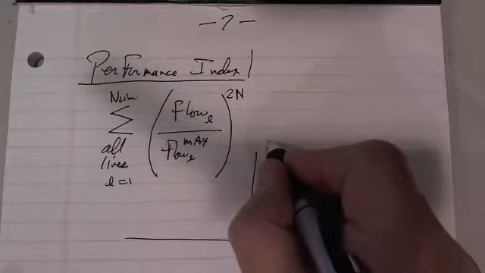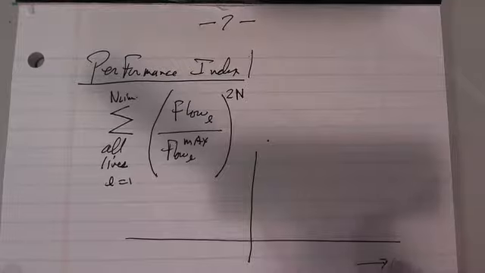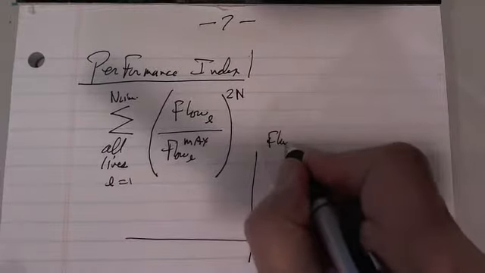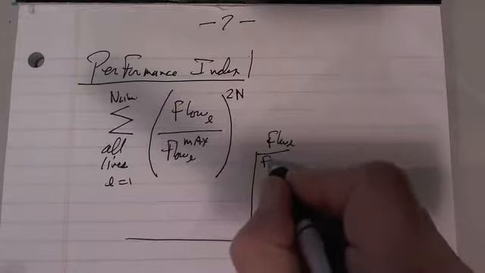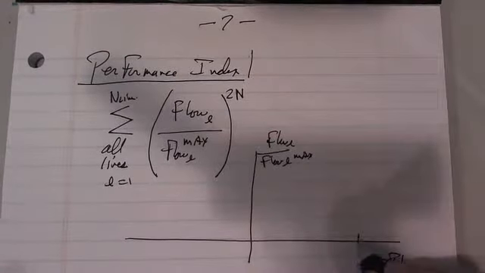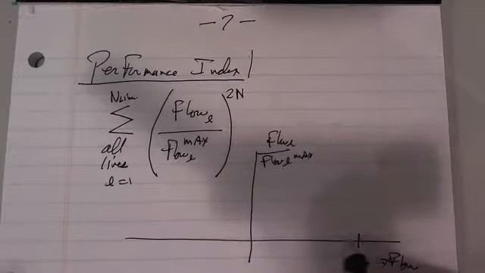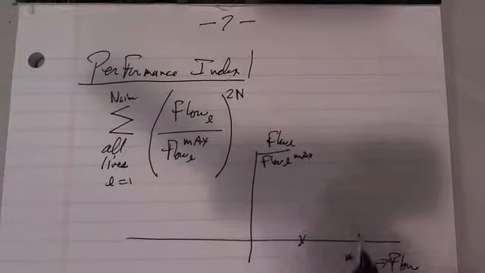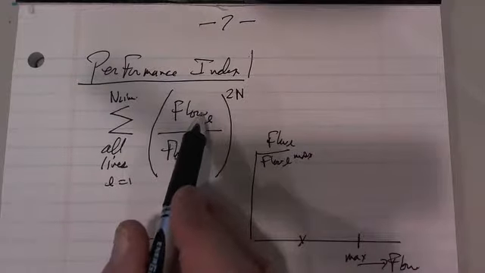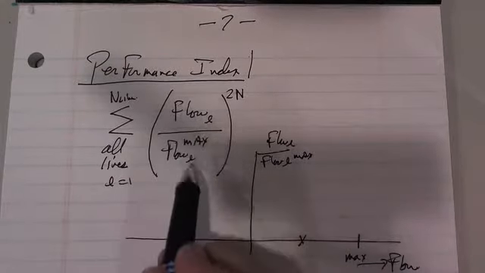Here's the line flow here, and here is flow L over flow L max. So here's the max right here. If the flow is here, so it's 1/2 of the max, then this is 1/2.